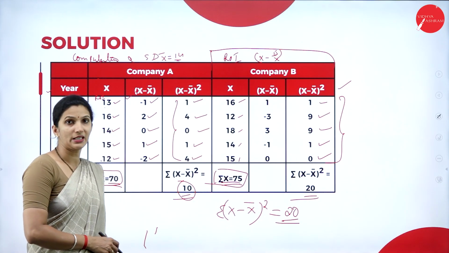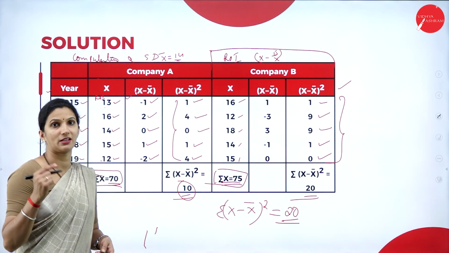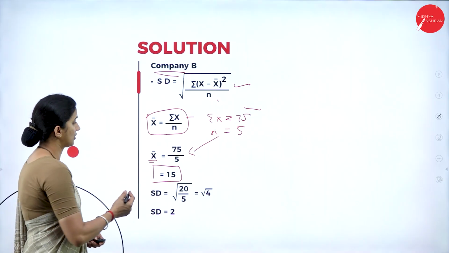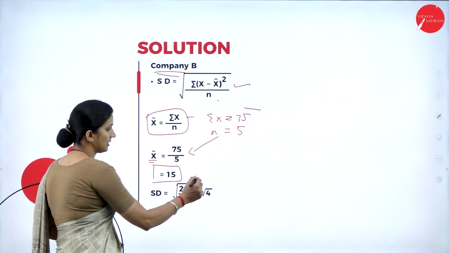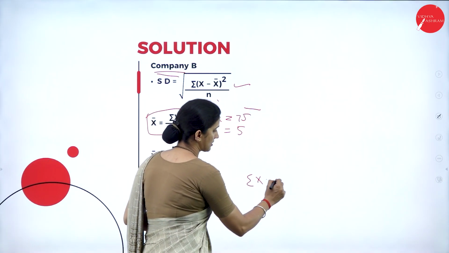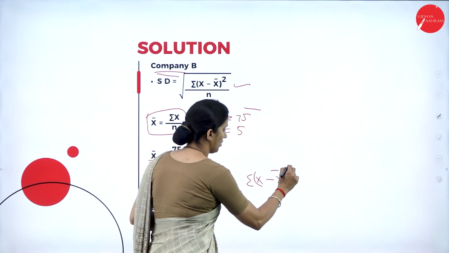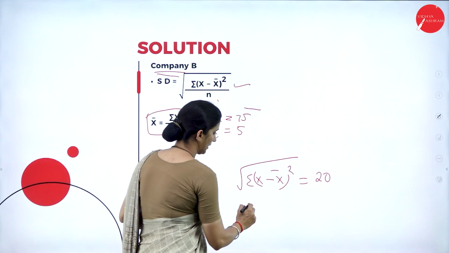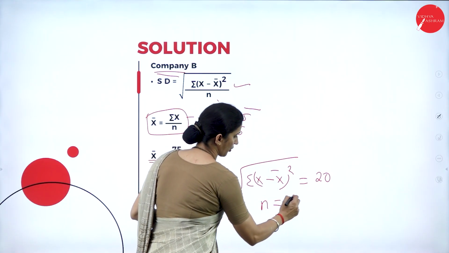So this 20, we'll use in the formula to calculate the standard deviation. Here, the standard deviation for company B is the root of sigma X minus X bar whole square divided by N. We have got 20, and N, the number of years, is 5.